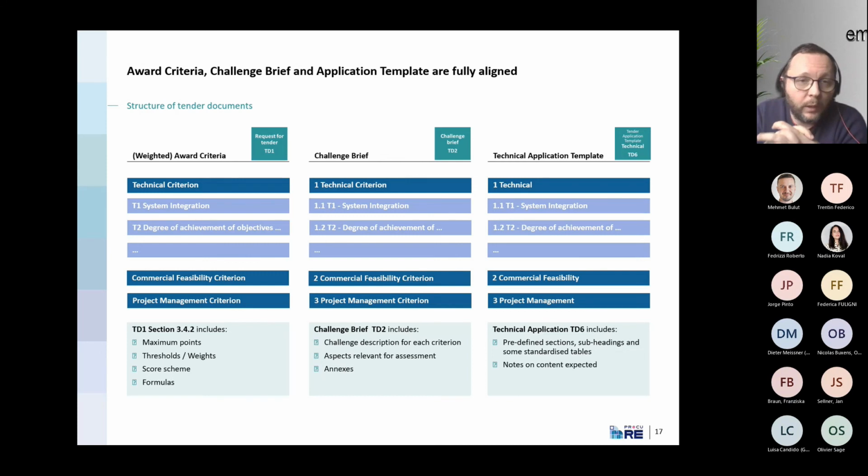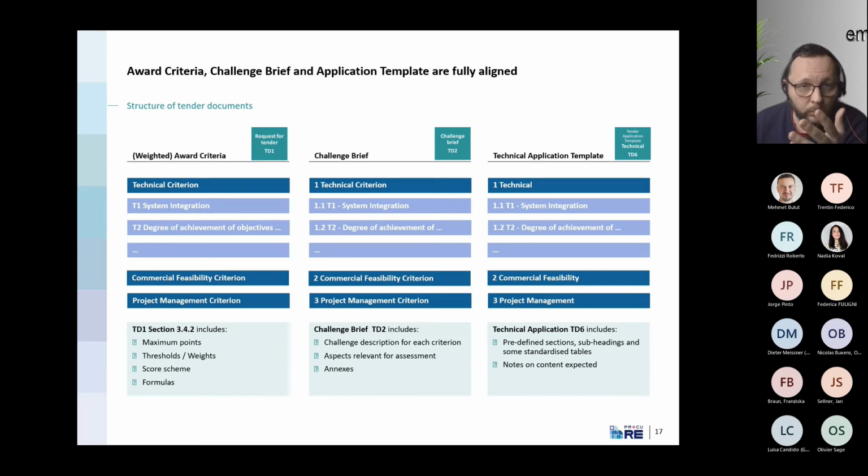Hi, thank you, Mehmet. I'm going to present the technical application template. As a reminder from the tender launch event, basically on the structure, we have aligned as much as we can in the proposal package 3 things: the award criteria, the challenge brief headlines, and in accordance the headings and the structure of the technical application template.